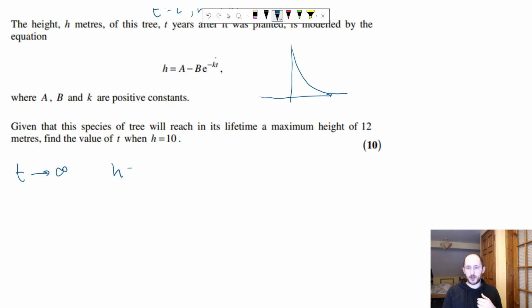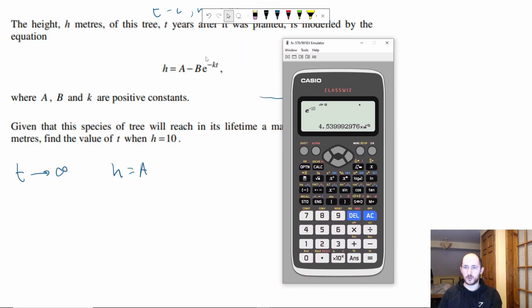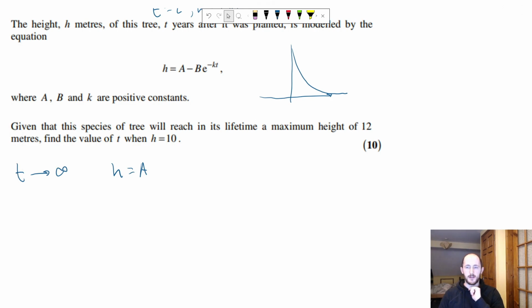Then h is just going to equal a, and it's getting there faster and faster. That's how we use that piece of information. It says it will reach a maximum height of 12 meters, so 12 is equal to a.